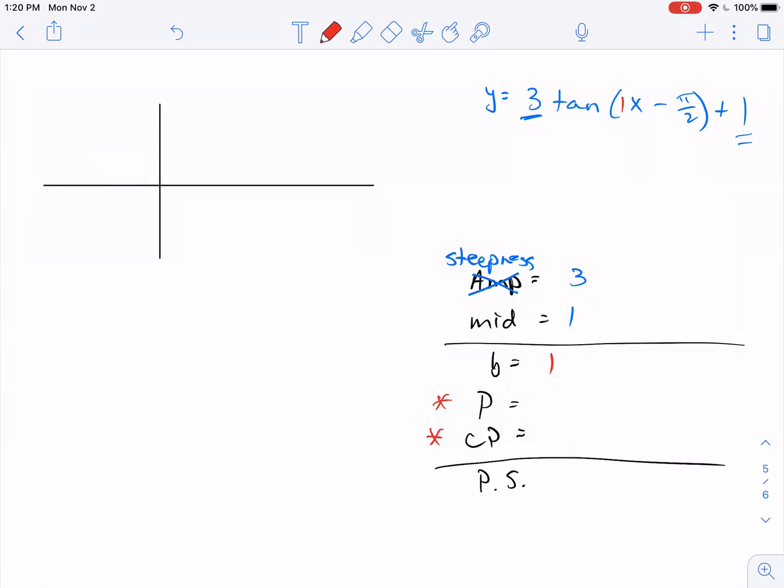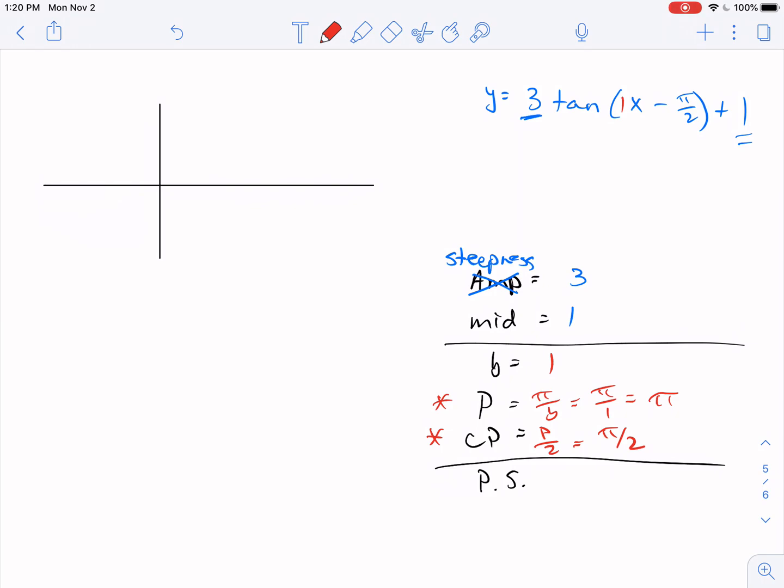The period now is pi divided by b, so that'd be pi over 1, or just pi, and the critical points would be the period divided by 2, so that's pi over 2. So a little bit of a rule change from doing sines and cosines, so be extremely careful.